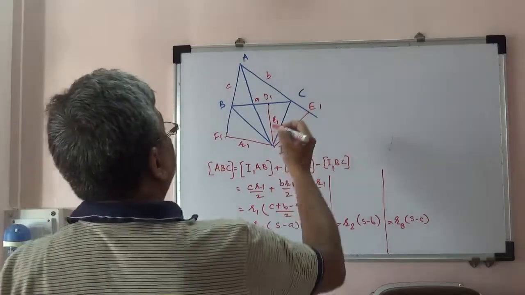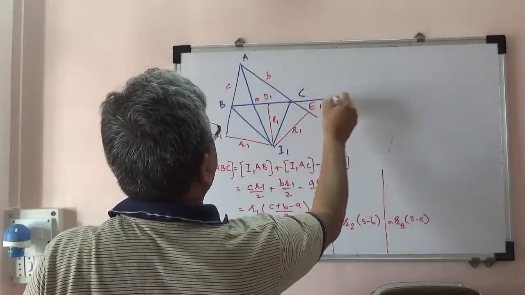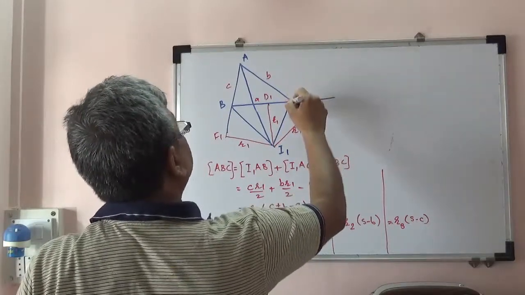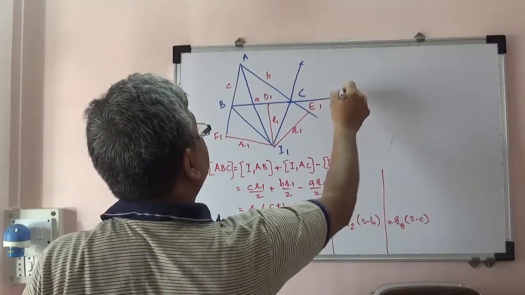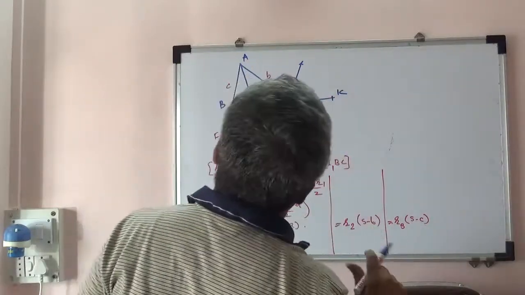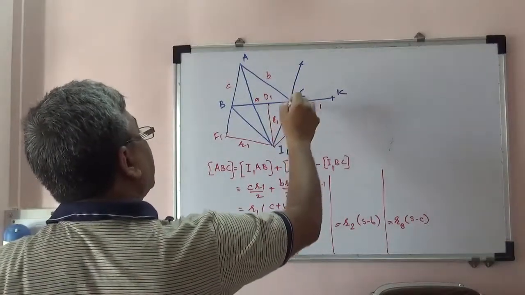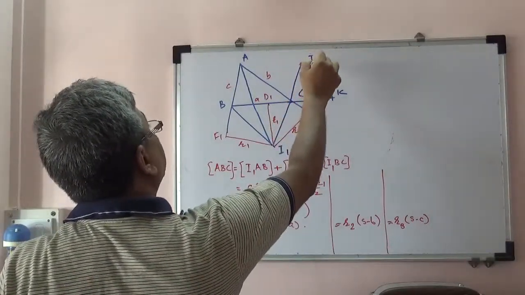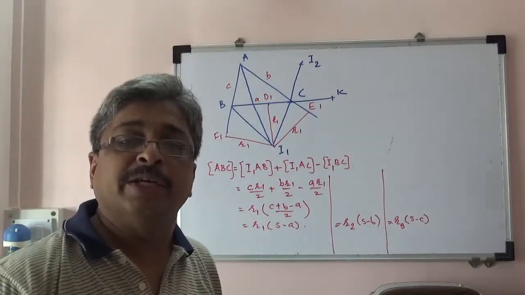Basically, if I extend this and draw the external angle bisector of angle AC, say K, the external angle K, then I am supposed to prove that CI1 and CI2 are opposite rays and they are collinear.